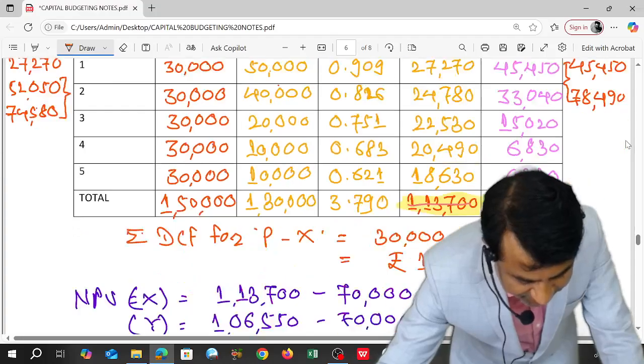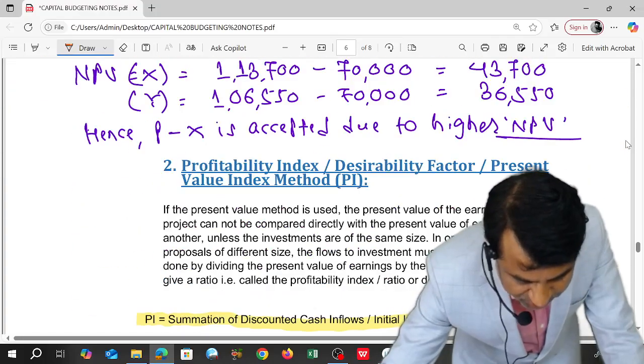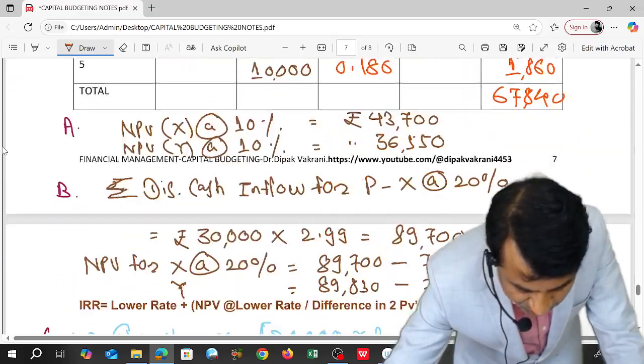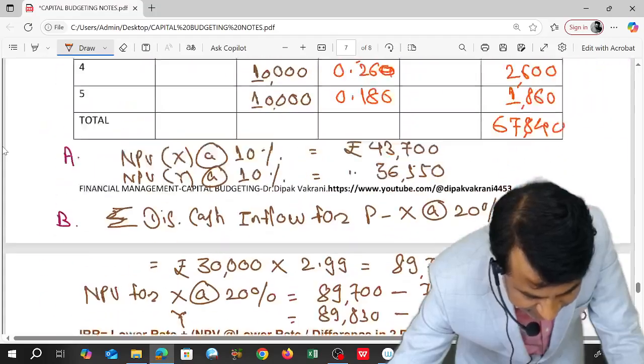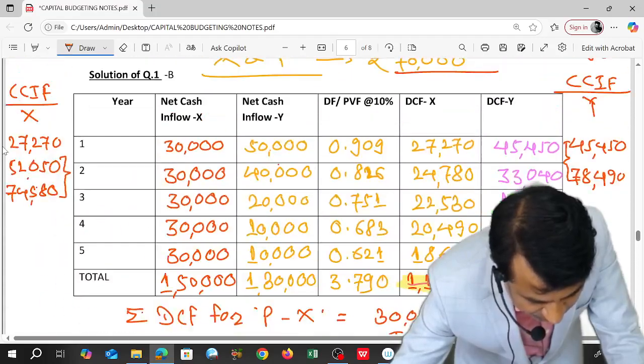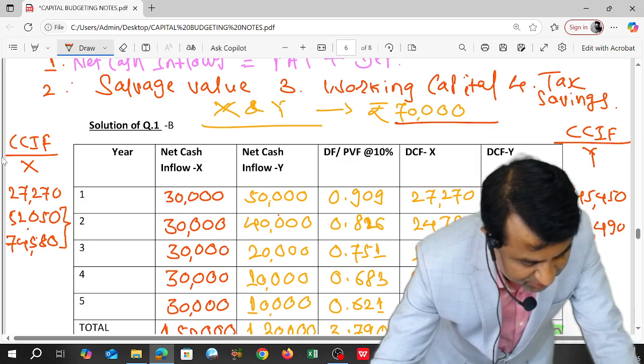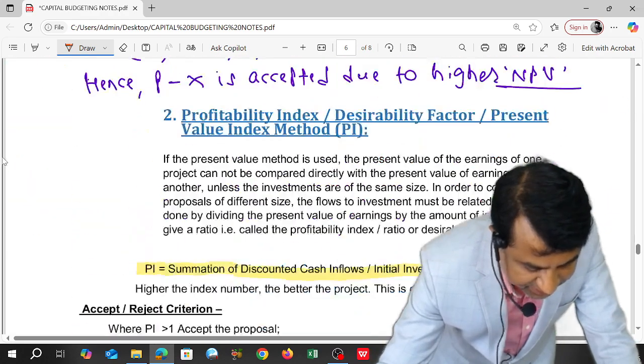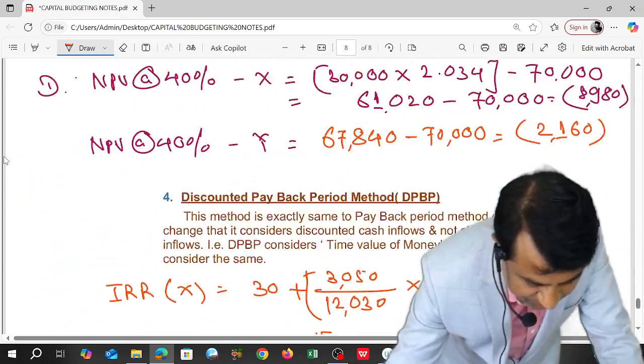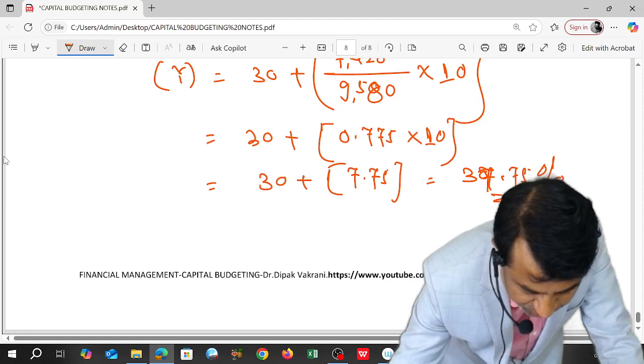So formula क्या है इसका? The year after which initial investment is recovered. So for X, मैं उसके क्यूमुलेटिव कैश इनफ्लो, ये देखिए 52,050 है, 2 साल बाद, 3 साल बाद 74,580 है. तो X का पहले निकाल लेते हैं, याद रखिए 52,050.